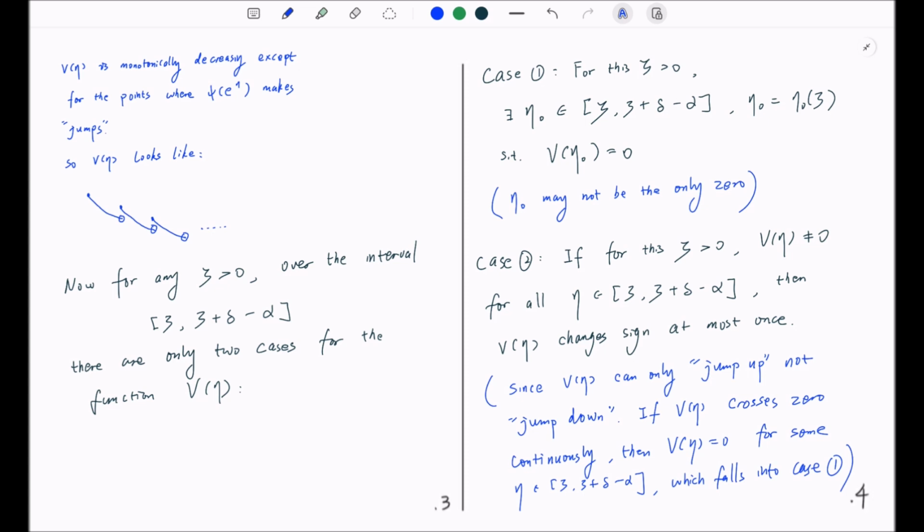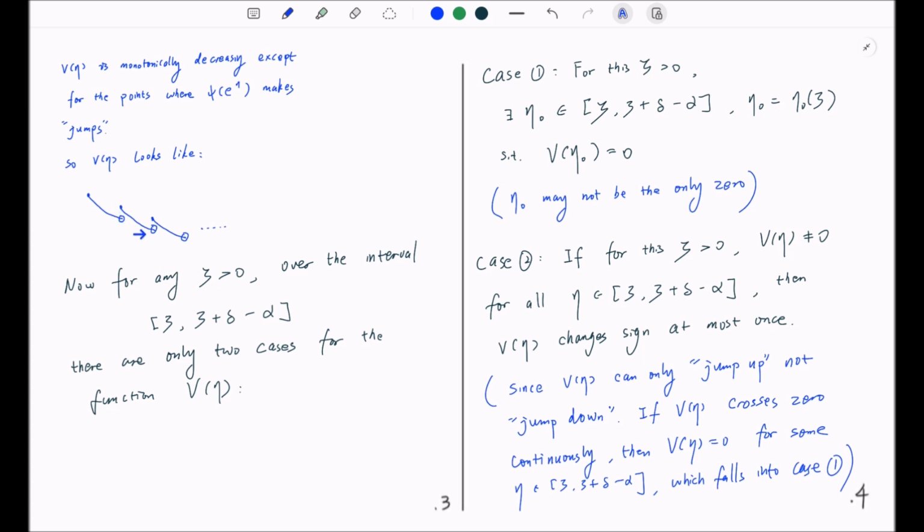And the only case where this v of eta can ever change its sign is when there is a jump up. This curve will not just peacefully, continuously cross 0 at some point eta in this interval. That will not happen.